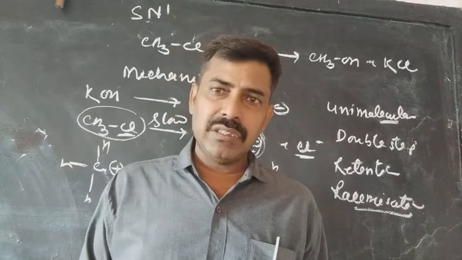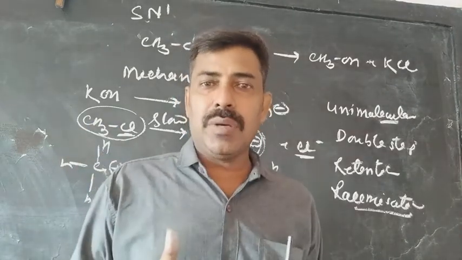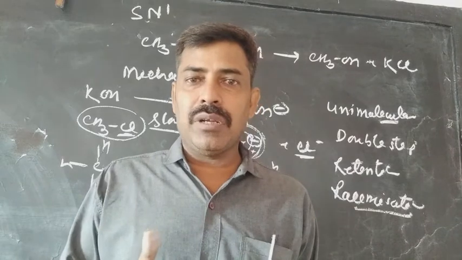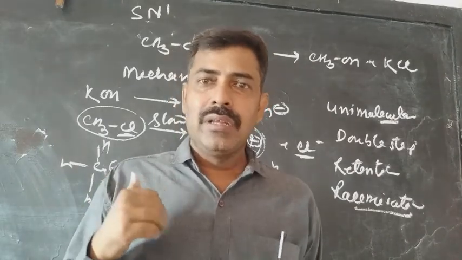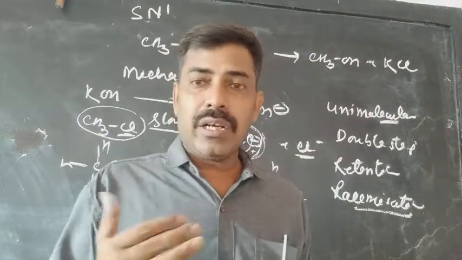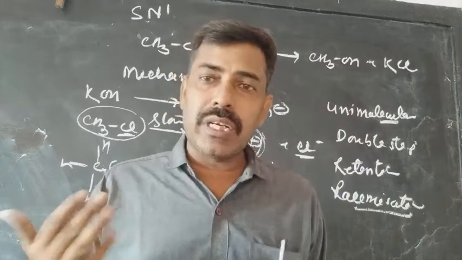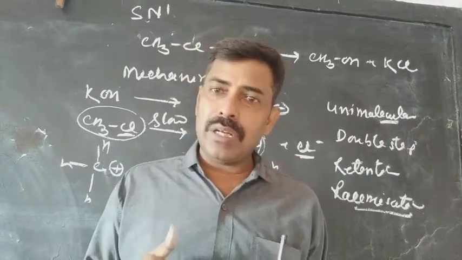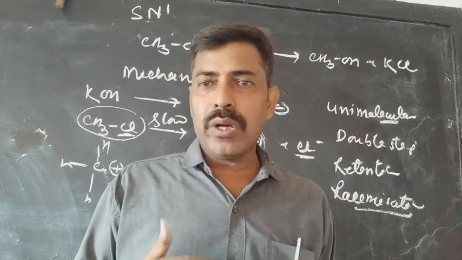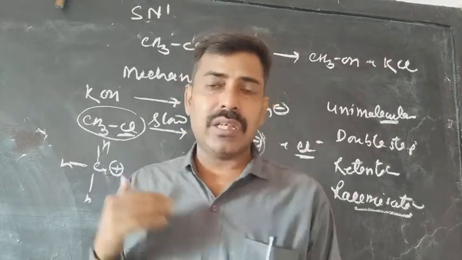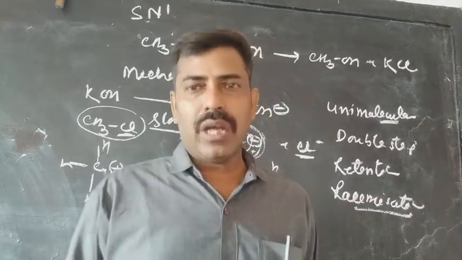But in the case of the SN1 reaction, the intermediate is stable, so the rate is determined by the stability of the intermediate. If the intermediate is more stable, the rate of reaction will be greater, and if the intermediate is less stable, surely the rate of reaction will be slower. So we are going to study the rate of reaction in the case of SN1 on the basis of the stability of the carbocation.